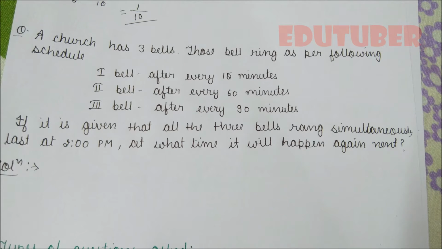If it is given that all the 3 bells last rang simultaneously at 2 p.m., at what time will this happen again next? There are 3 bells which ring at certain intervals of time. At 2 p.m. they ring simultaneously, all 3. Now at what time will they ring at once again?